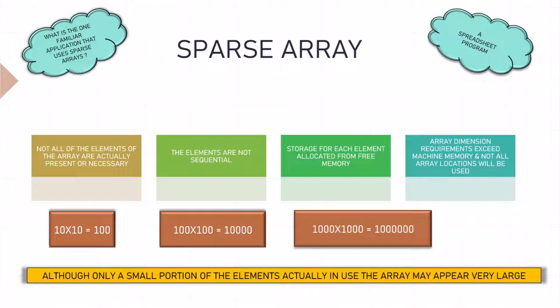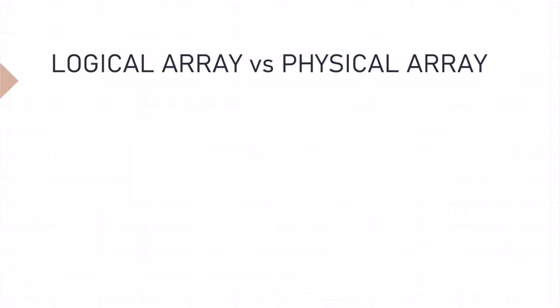If we talk about Microsoft Excel, for example, we know that it has several rows and several columns, but we never really use all those rows and all those columns, right? Which brings us to the discussion of the logical array versus the physical array.